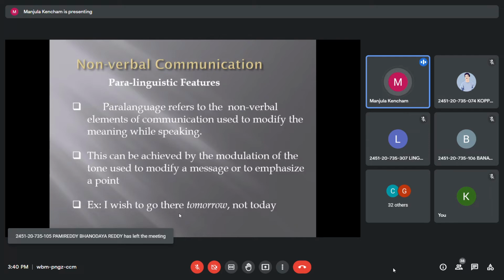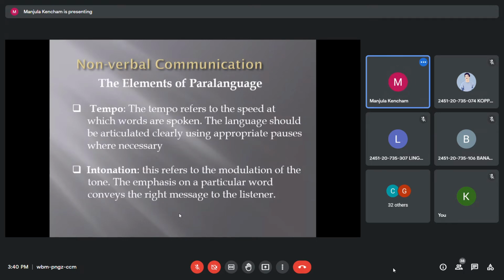So there is one example over here. I wish to go there tomorrow. Tomorrow has been italicized, which means that a particular word is emphasized, and not today. The elements of paralanguage include tempo, intonation, pauses, and speed, that is the rate of speed. Tempo refers to the speed at which the words are spoken.